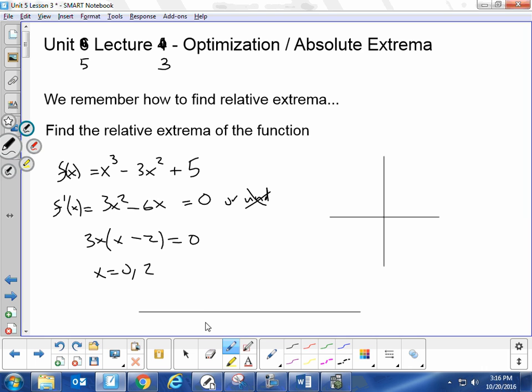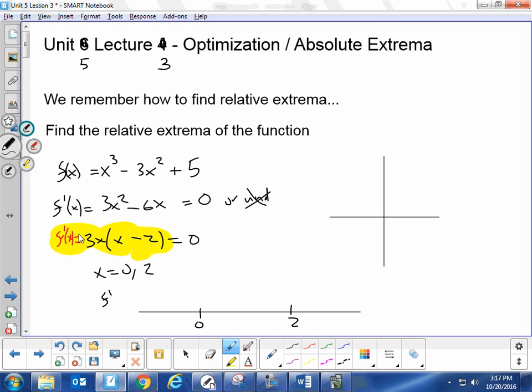We know that the signs are going to be the same in between our intervals. If something is positive, everything's going to be positive in this interval, or if something's negative, everything's going to be negative. We plug test points into our simplified derivative, which is this guy, because it's a little bit quicker to work with.